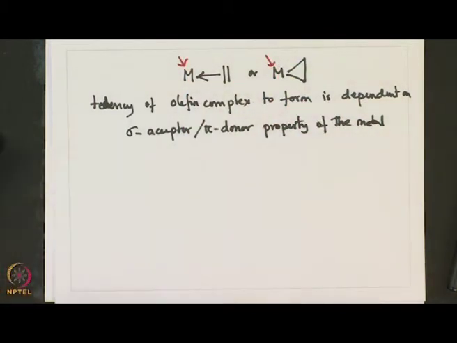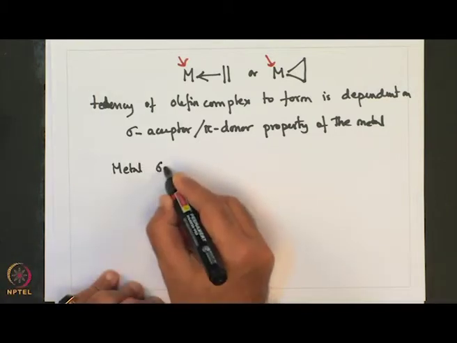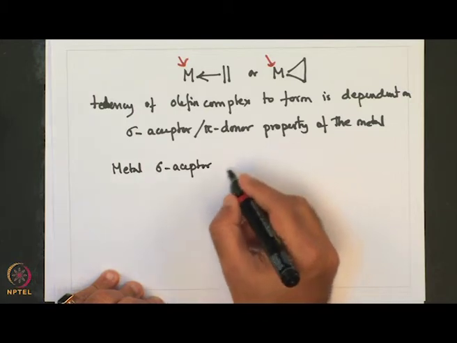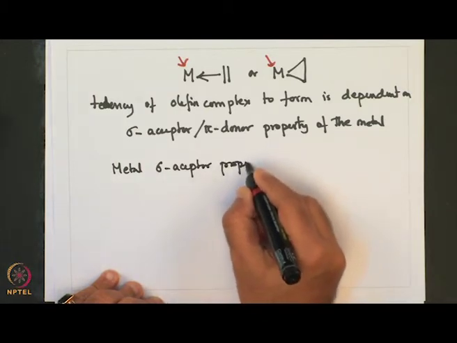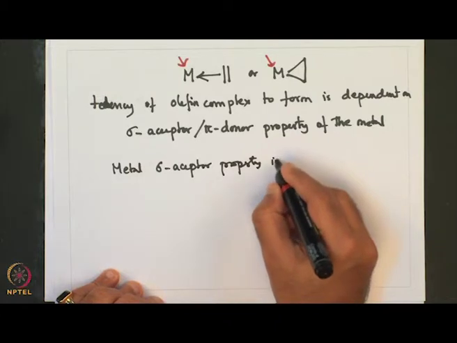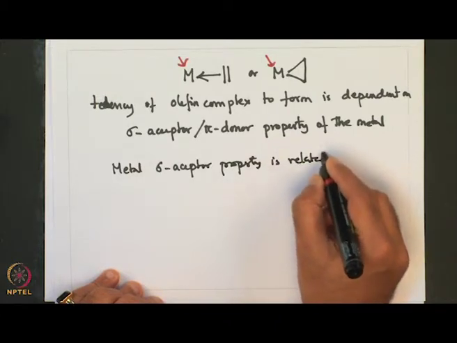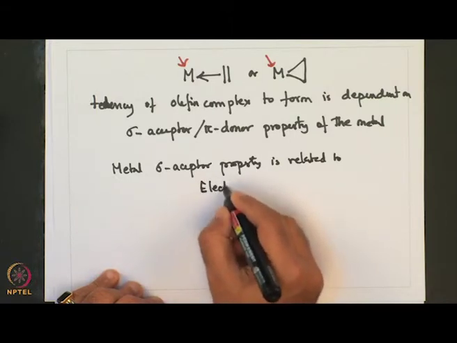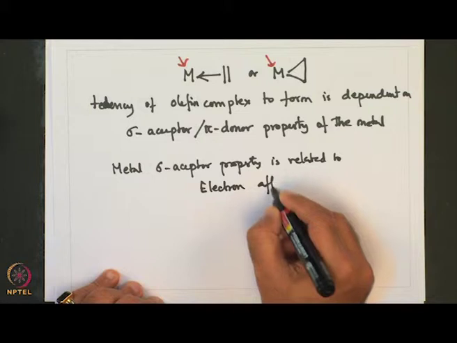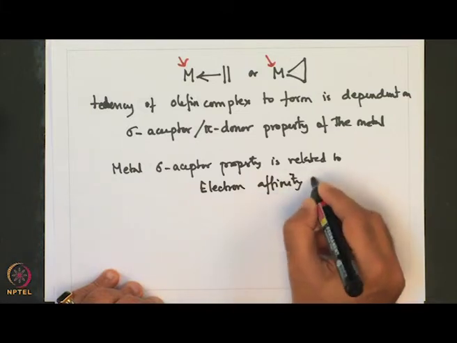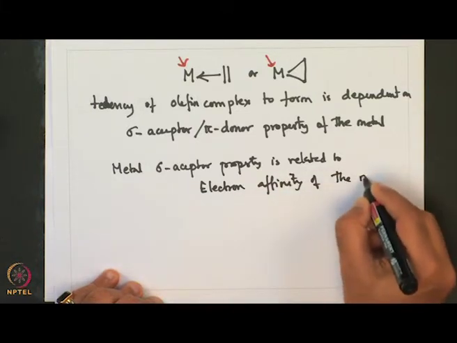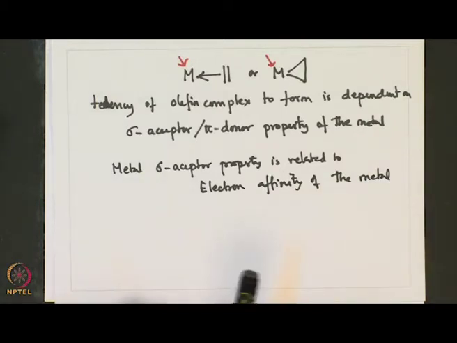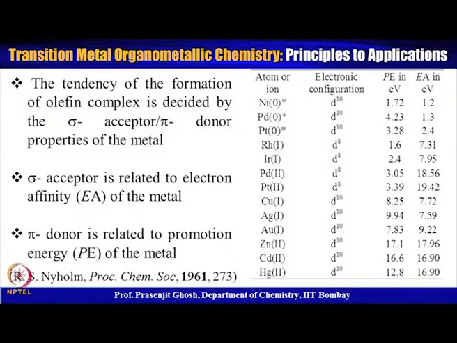From the metal's perspective, the sigma acceptor property is related to the electron affinity of the metal, which means how strongly the metal takes up an additional electron.